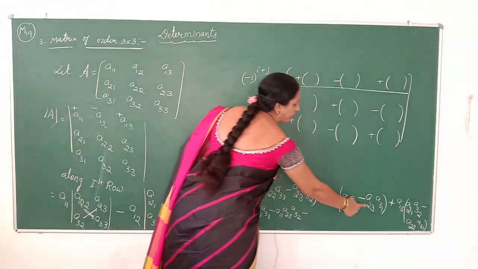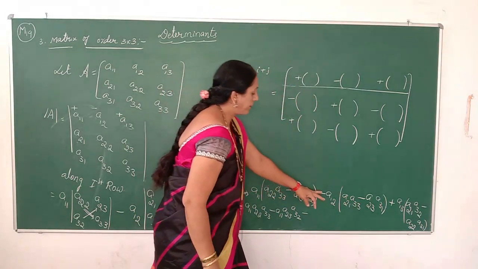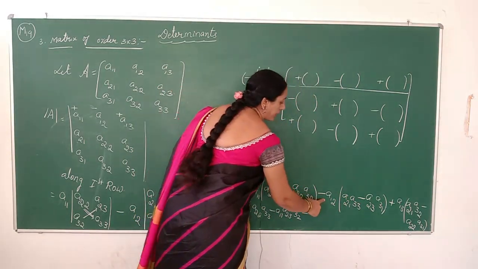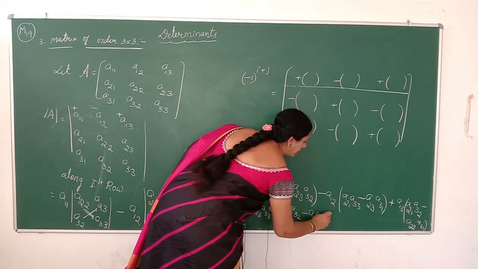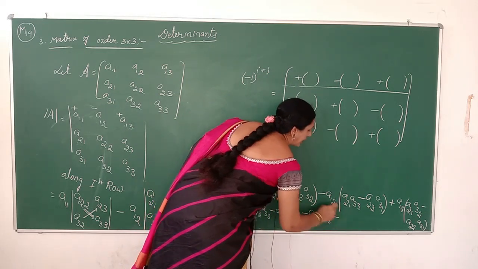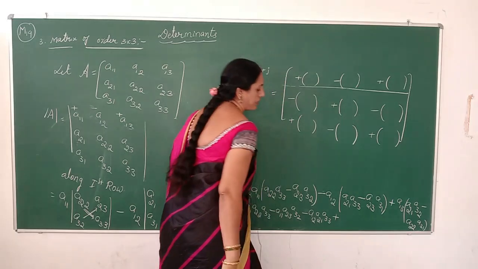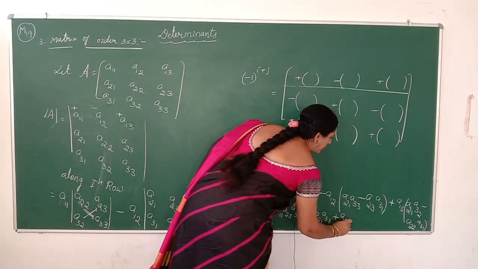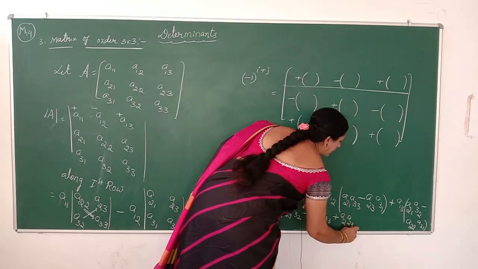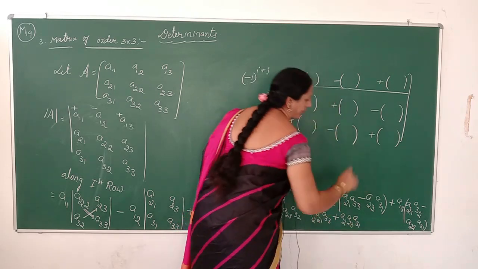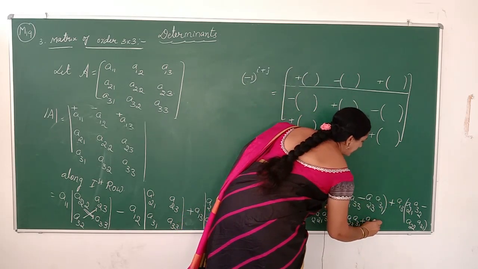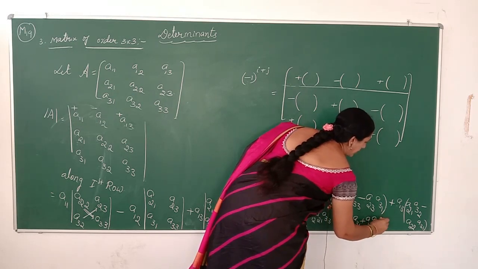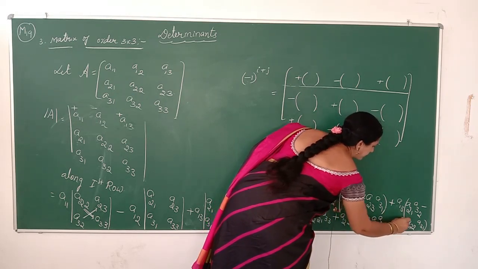Similarly, the second group is also distributed using minus A12, so minus A12 into A21 A33. After that, minus into minus is plus, A12 A23 A31. Third group, plus A13 A21 A32.